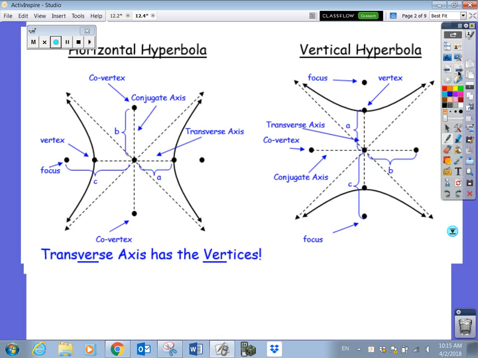If the focus is closer to the center, it's an ellipse. If a focus is further away from the center than the vertex, then we know it is a hyperbola. So horizontal just means it opens side to side. Vertical means it's going to open up or down. All right, if you need me to come back to this so you can finish labeling it, I'll do that at the end.